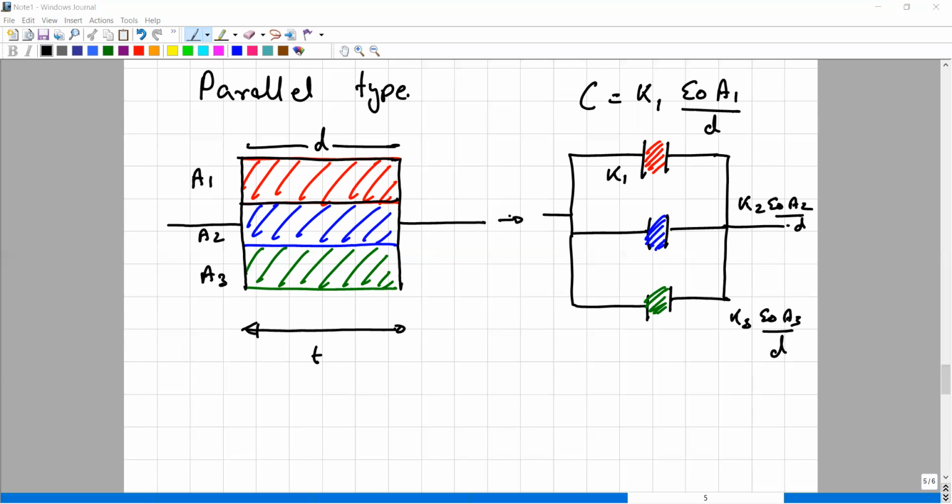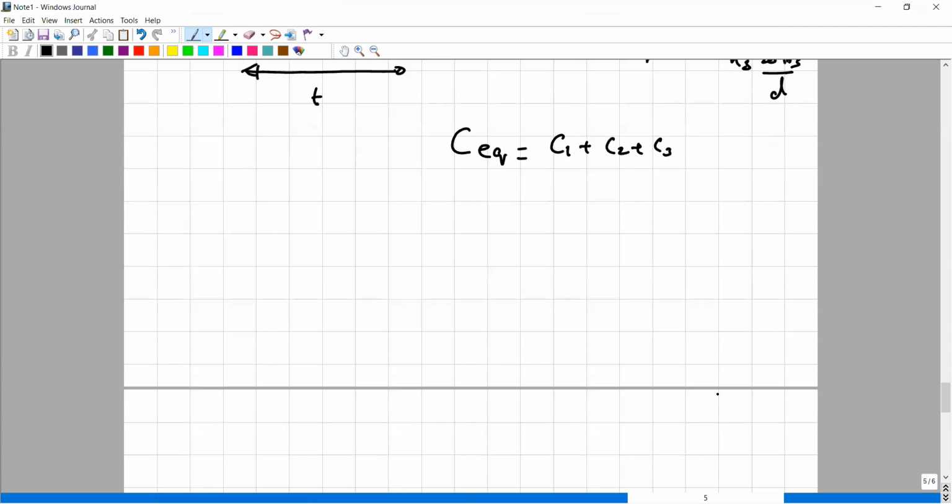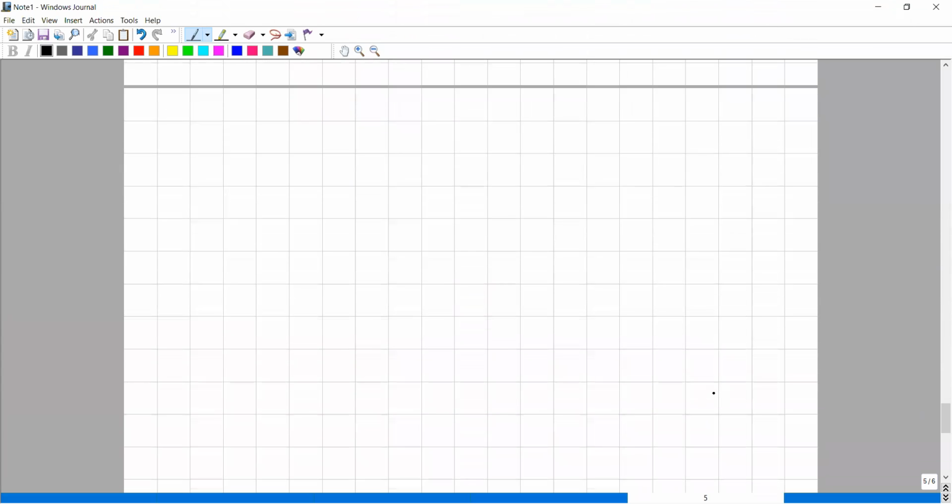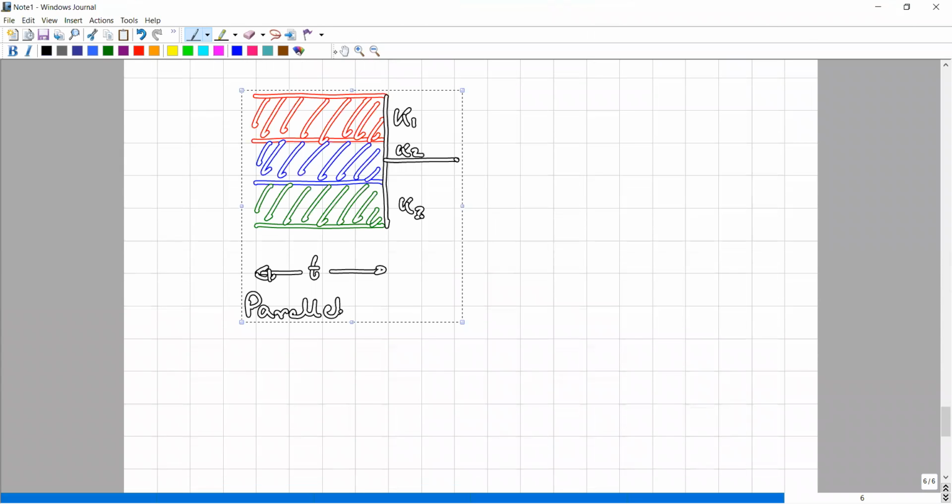So like that you have to calculate. But as we know that they are in parallel, the equivalent capacitance will become C1 plus C2 plus C3, that means this one plus this one plus this one. Eventually you are going to get a formula like this.